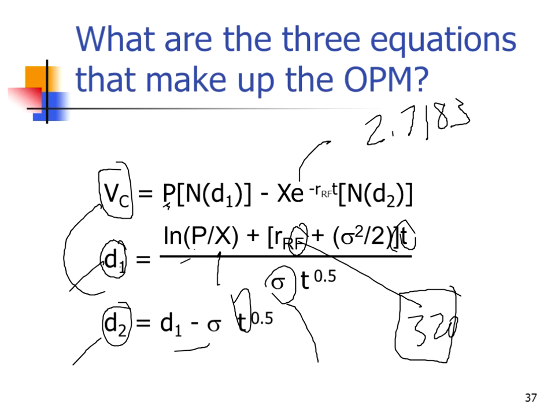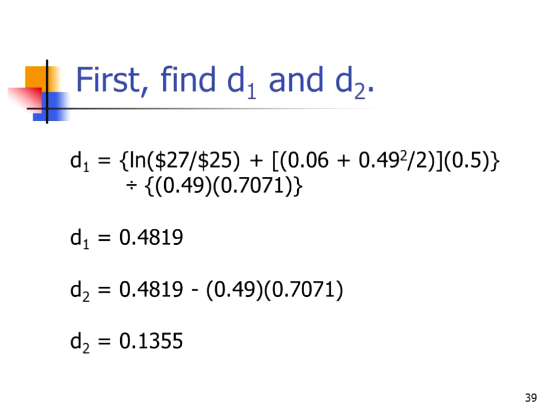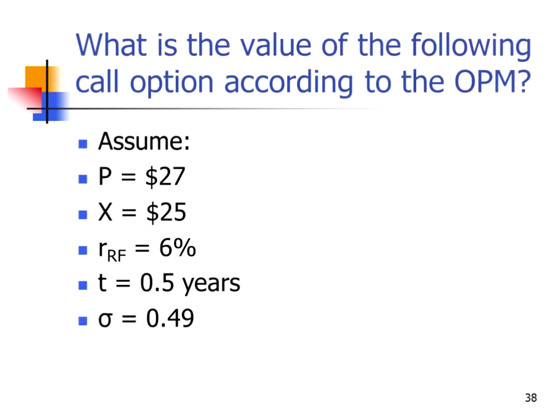Let me show you an example now, and we'll go step by step. Hopefully we'll get the right answer. So let's assume that these values are given to us. Price is 27. Let me open up the PowerPoint page so I can type them up in Excel. X is the strike price.